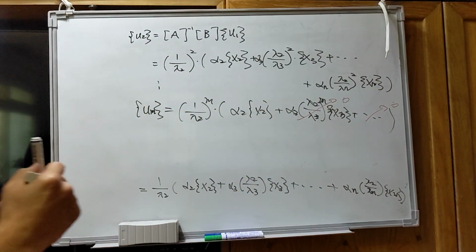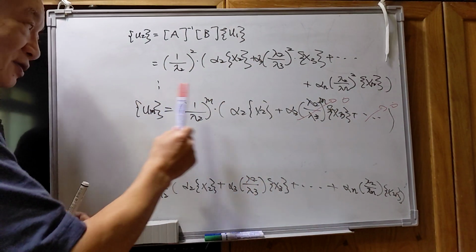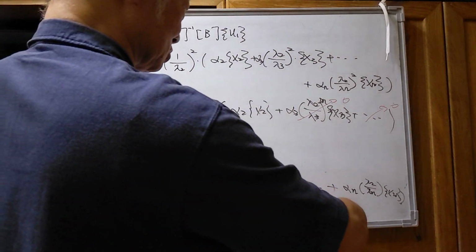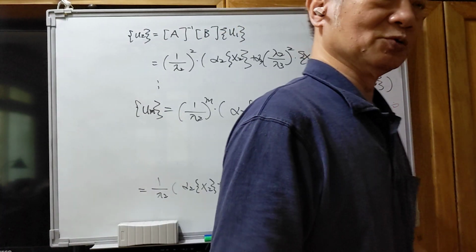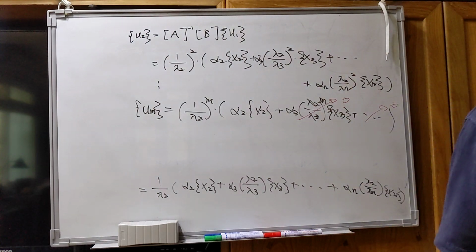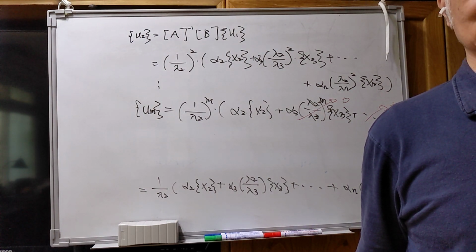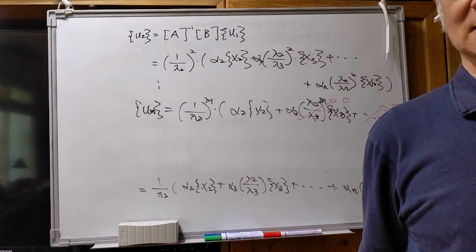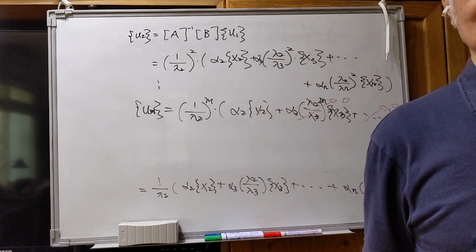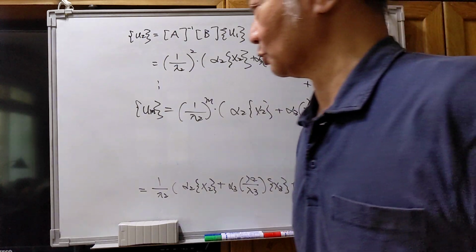So after several iterations, um will approach x2, and we can also calculate the Rayleigh quotient, and the Rayleigh quotient will approach the eigenvalue lambda 2.